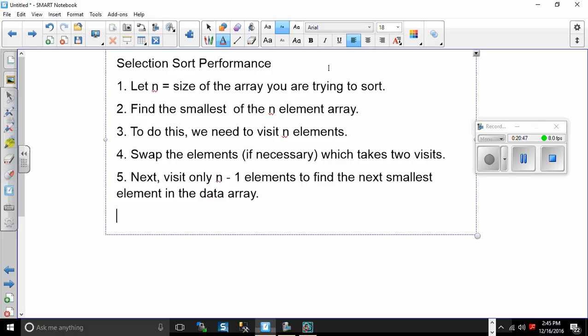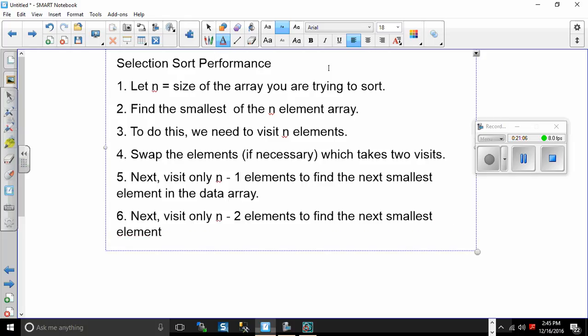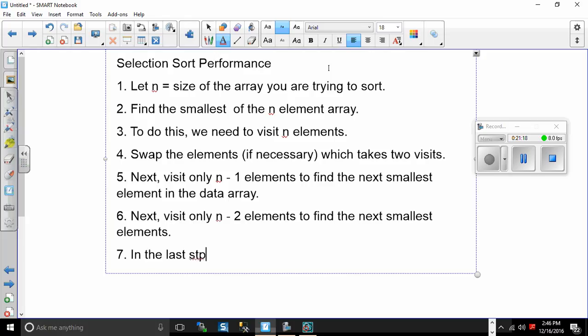Next, visit only n minus 2 elements to find the next smallest element. So we keep repeating this method until finally, in the last step, we visit only 2 elements.